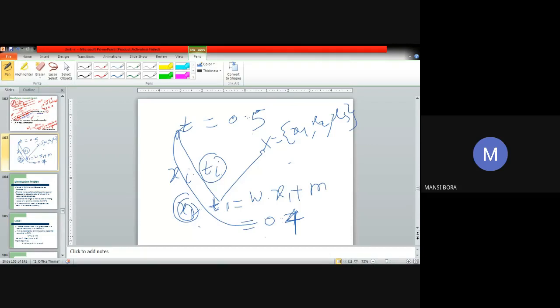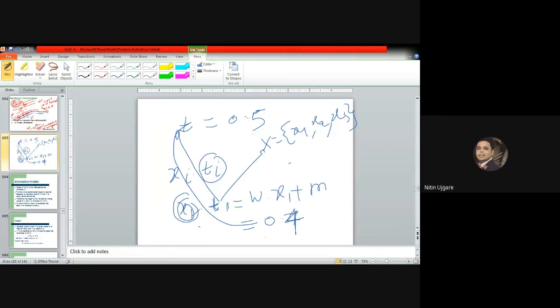I understood. Sir, I just had one doubt: is it necessary that the threshold line should be symmetrical, like it should be in the middle of the graph? No, that's how we will calculate the t value, because the threshold value t is calculated from the decision boundary. We know the weight vector from the decision boundary.